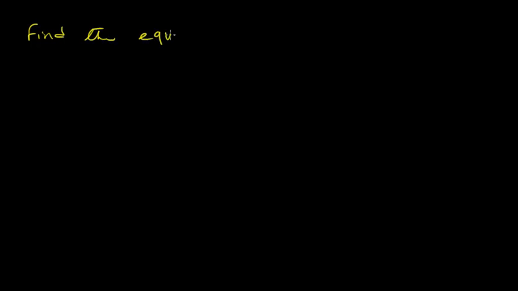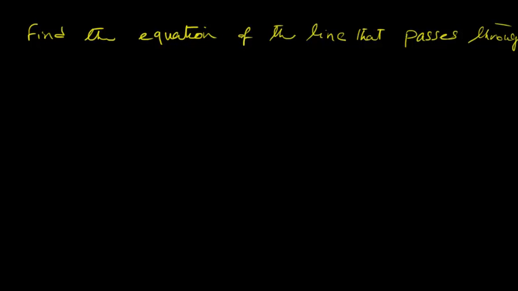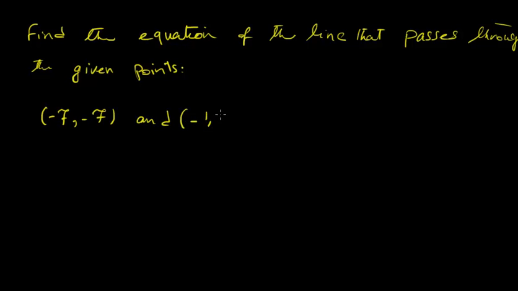Find the equation of the line that passes through the given points. (-7, -7), and when x is -1 and y is 4.